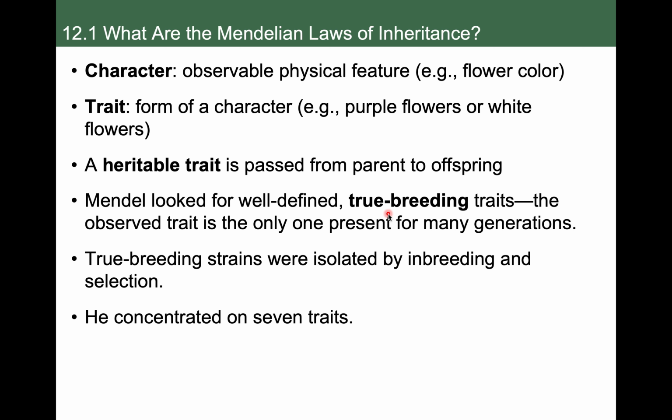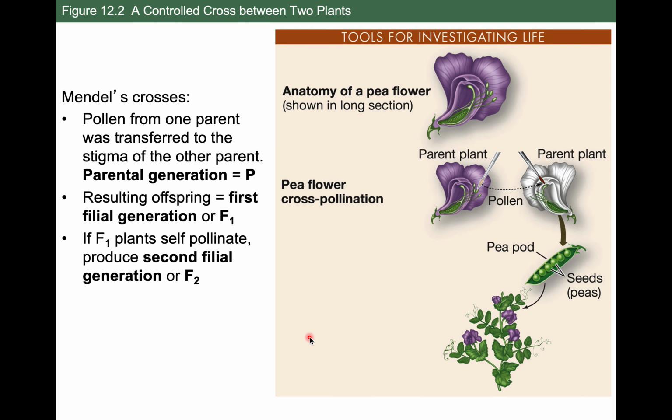That you could go back lots of generations and those plants just always had purple flowers. So that was what he was starting with, those quote-unquote true breeding strains. And he really looked at 7 different traits. You don't have to memorize these, but I'll show you the list in a minute.